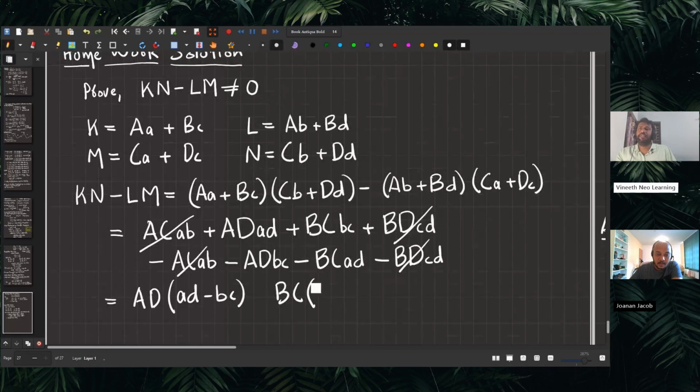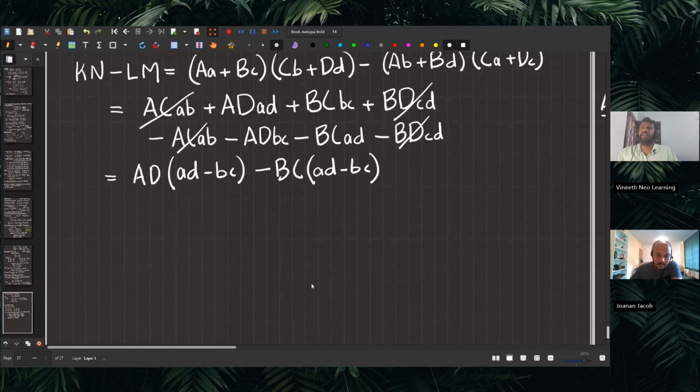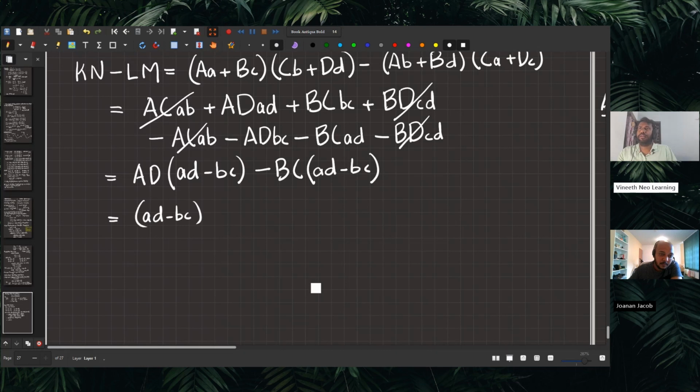If we take the negative common, we get AD minus BC inside again. So from these two terms we can take AD minus BC common, and we get (AD minus BC) times (AD minus BC).